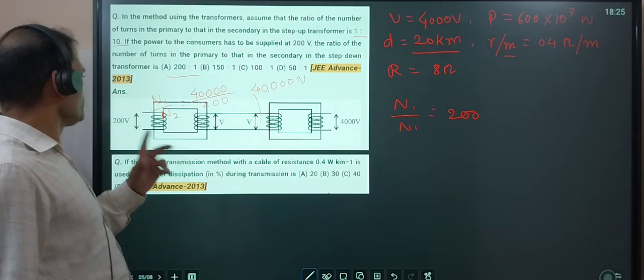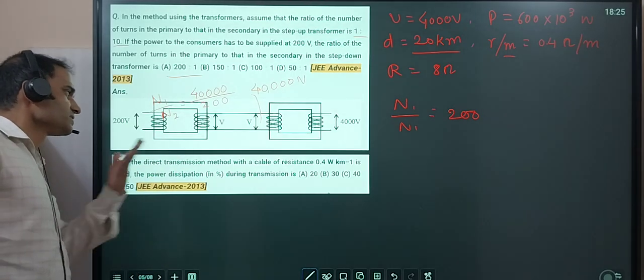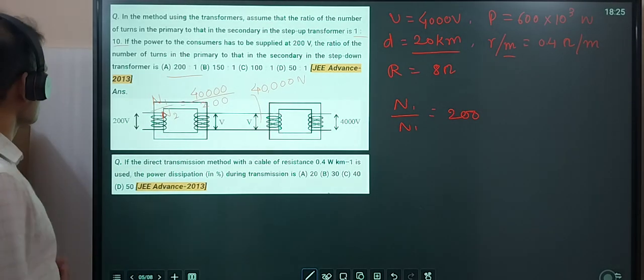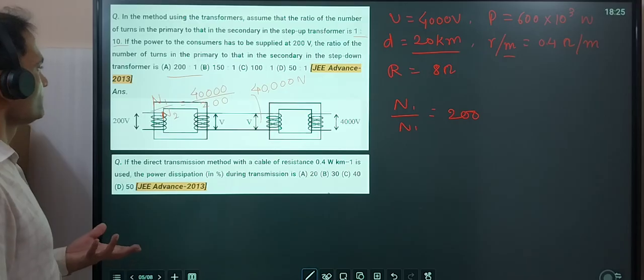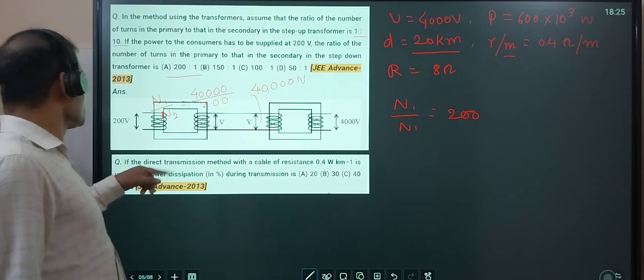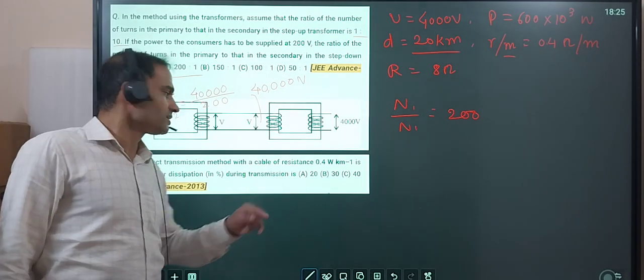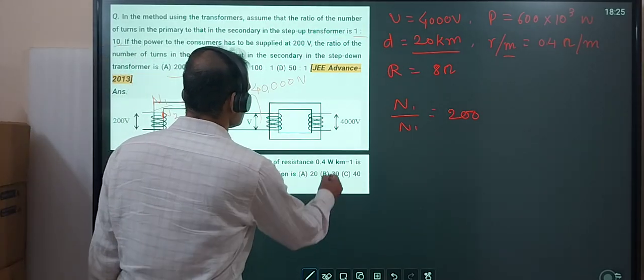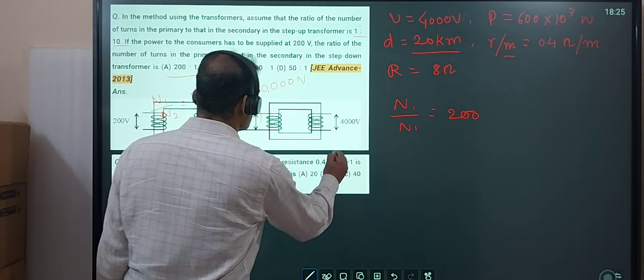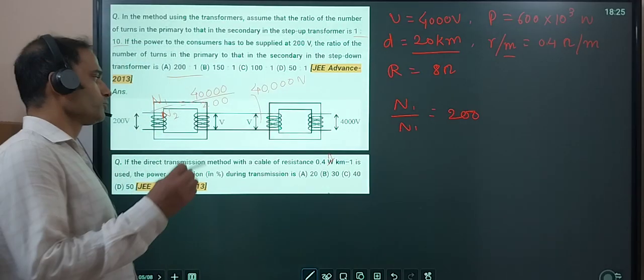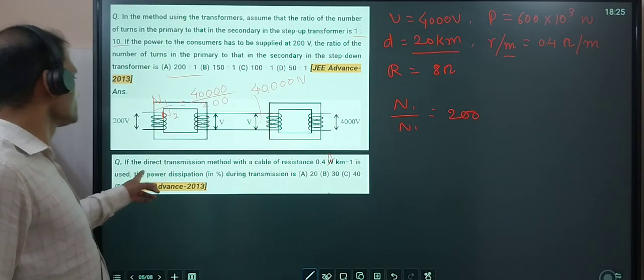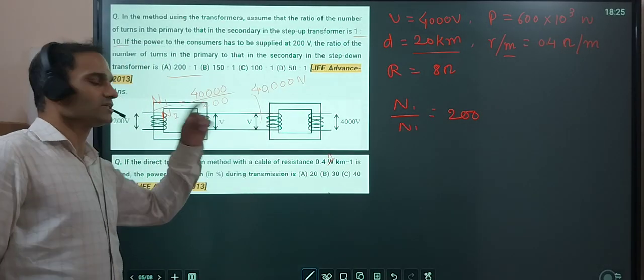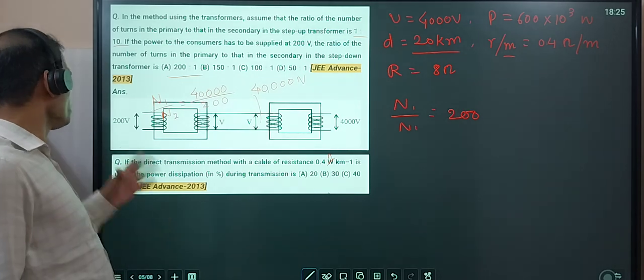But what happened, I made some mistake while reading this question. Now let us see, if the direct transmission method is used with a cable of resistance 0.4 ohm per kilometer, the power dissipation during the transmission is how much percent?